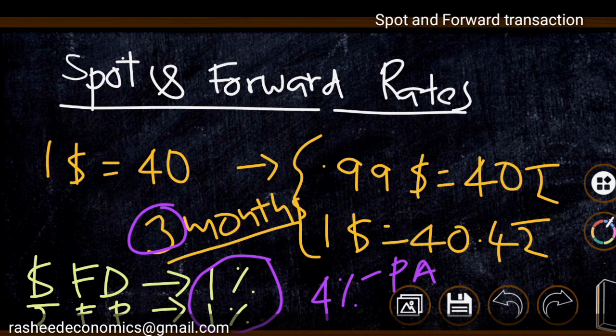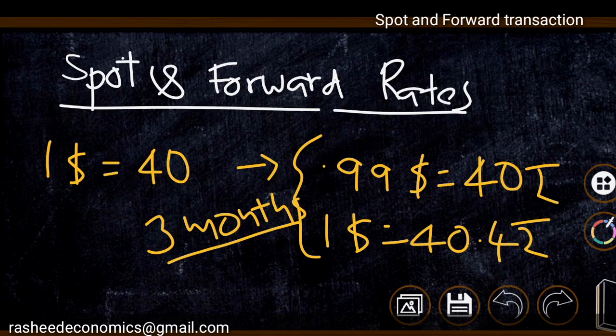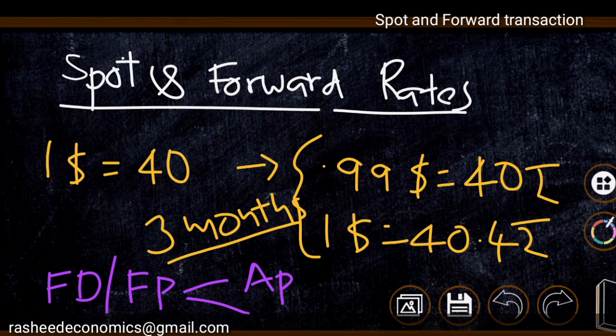Thus we can say that there is a 4% forward premium or forward discount per annum. If there is a forward discount or forward premium, one currency is appreciating and another currency is depreciating.